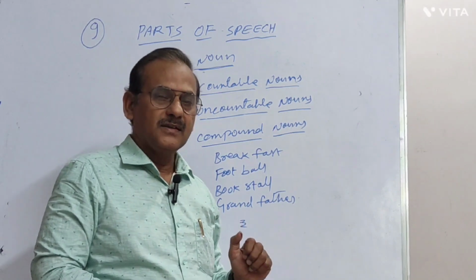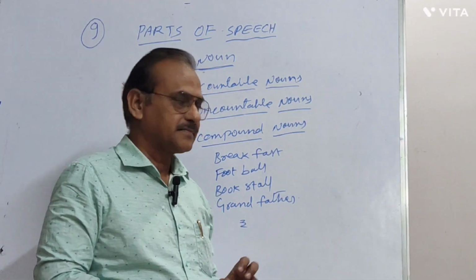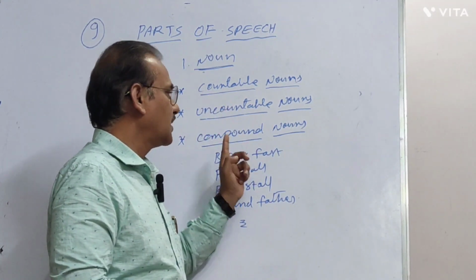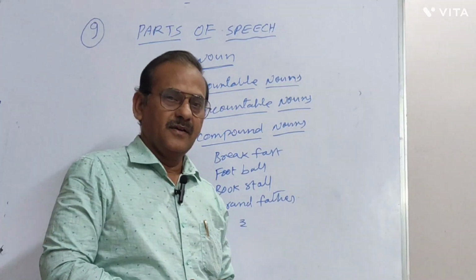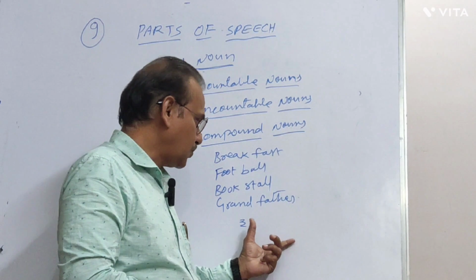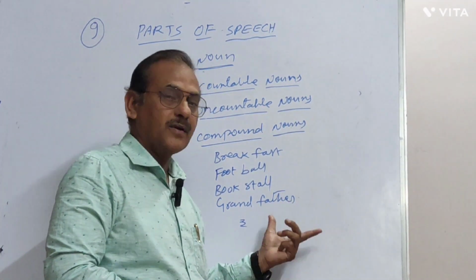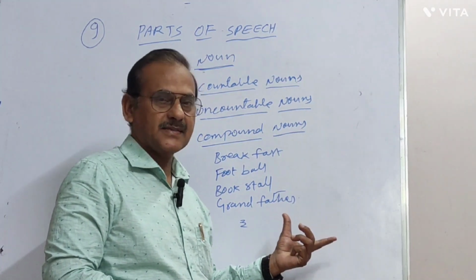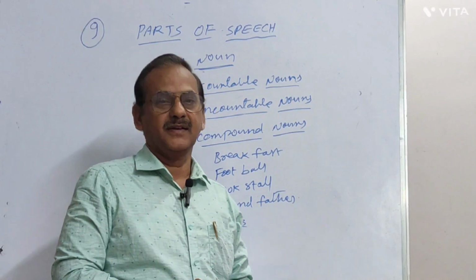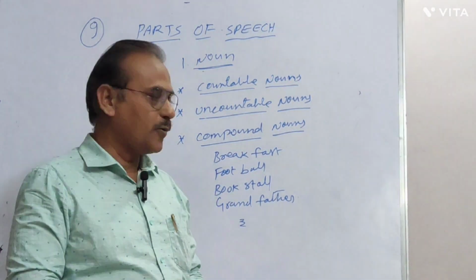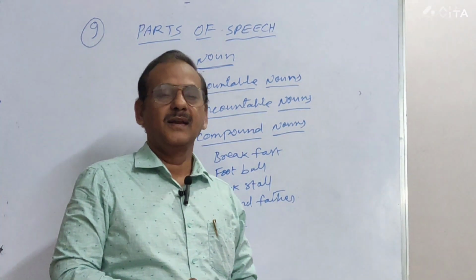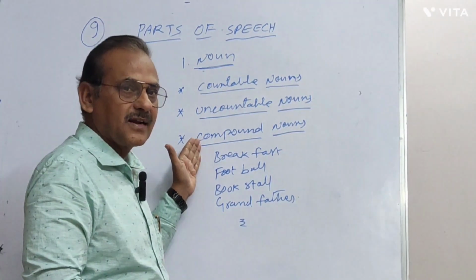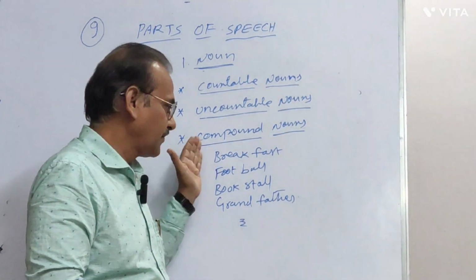In noun, there are classifications, types: countable, uncountable, and compound nouns. We learned them. You try to write some more examples on your own, and we discuss kinds of nouns in our next class. I hope that you learnt the differences among these 3 types of nouns.